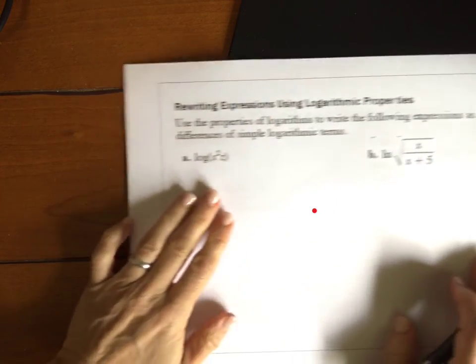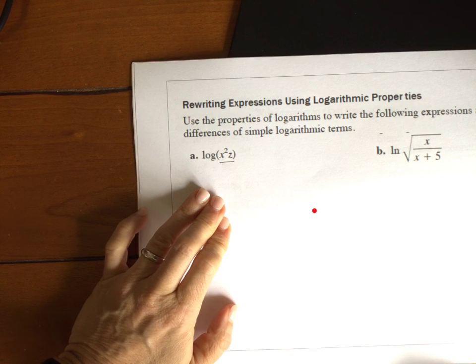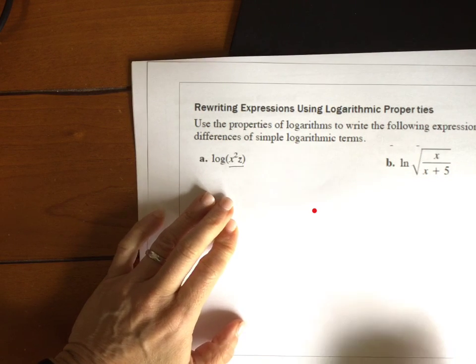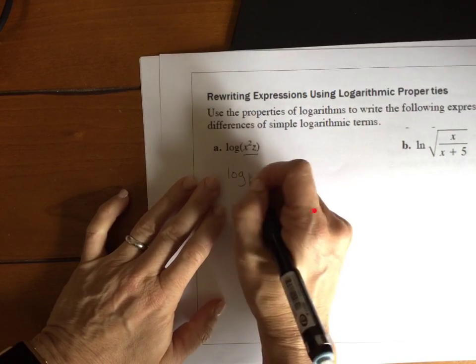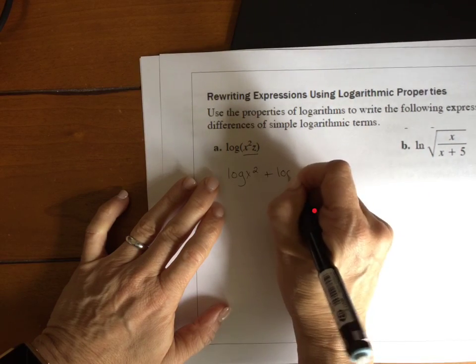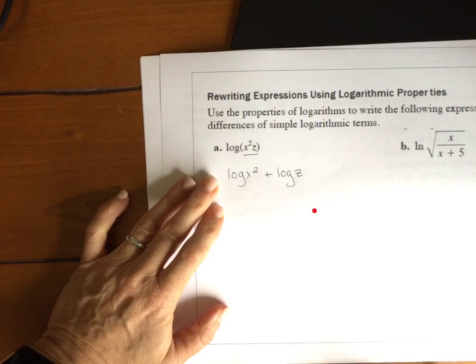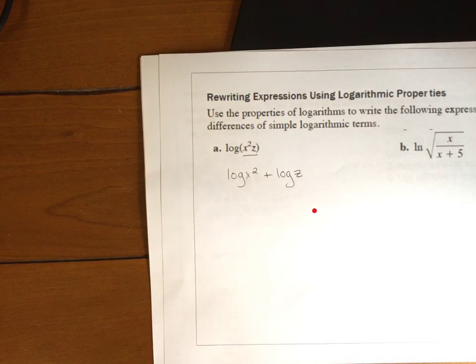And so we know first we're going to look at this x squared times z. We know that multiplication is addition with log properties. So my first step might be to write this as log of x squared plus log of z. So that shows the multiplication between x squared and z.